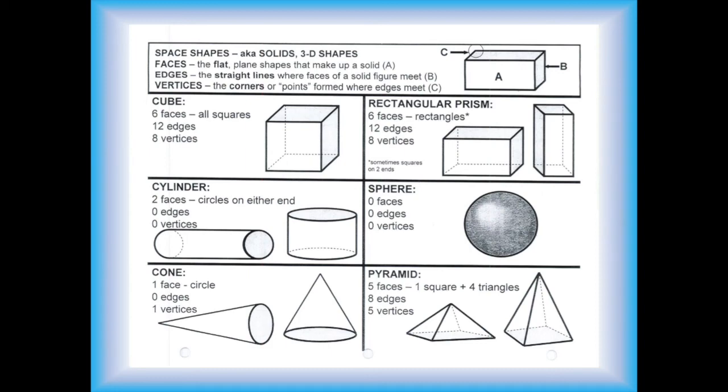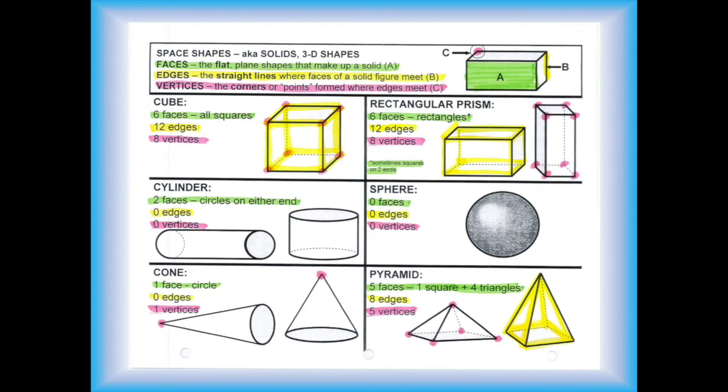Now, if you prefer color to help out a little bit, you might push pause on the next slide to help study. Do you like this one better? Notice how on all of them I've marked faces as green on the top example, edges as yellow, and vertices as pink.